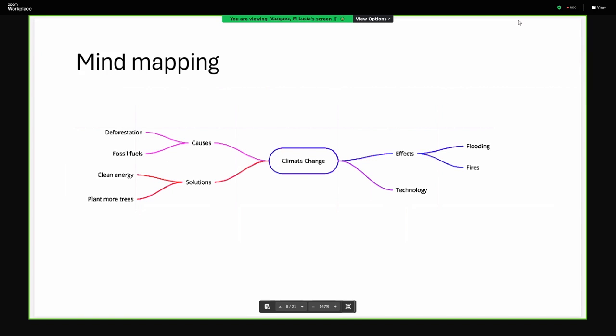In this case, for example, what are the causes? What are the solutions? And then you can keep branching over all of that. At least for me, maybe because I'm a visual learner, it helps a lot to put everything on a single paper. It might be a different style for other people. Maybe you start working on an outline, but I'm just sharing something that some of us use.